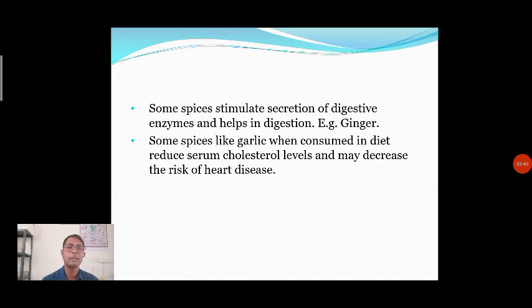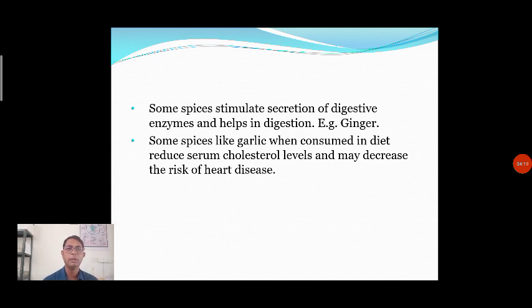Some spices like garlic, when consumed in a diet, reduce serum cholesterol level and may decrease the risk of heart attack. So when we overall look at these properties of spices, we can say that they have two major properties. The first is health benefits. The first property of spices and condiments is the health related property.